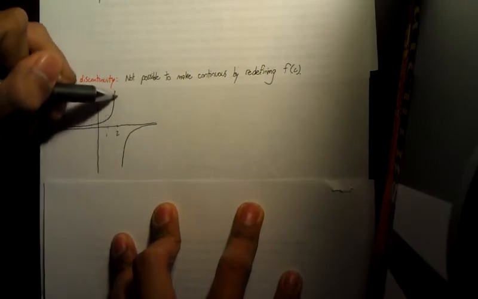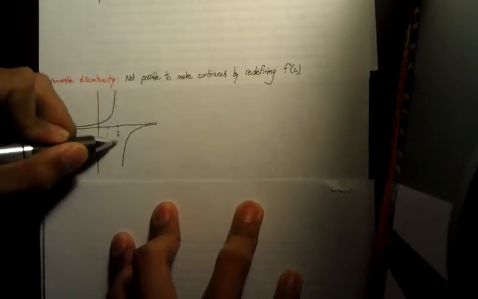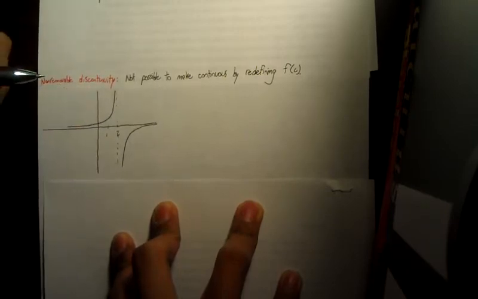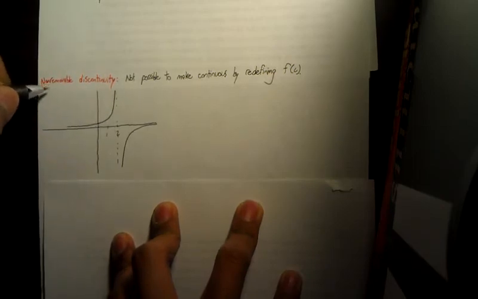Well, it's obvious that there's some sort of discontinuity at 2, but what you're trying to find out is if it's non-removable or removable. And because you can't just redefine a point to make this graph continuous, since it never even touches 2 because there's an asymptote here, and then also this one's going to positive infinity while this one's going to negative infinity, then you can't just plug in a point somewhere or move a point somewhere and make the graph continuous. That means that it's a non-removable discontinuity.